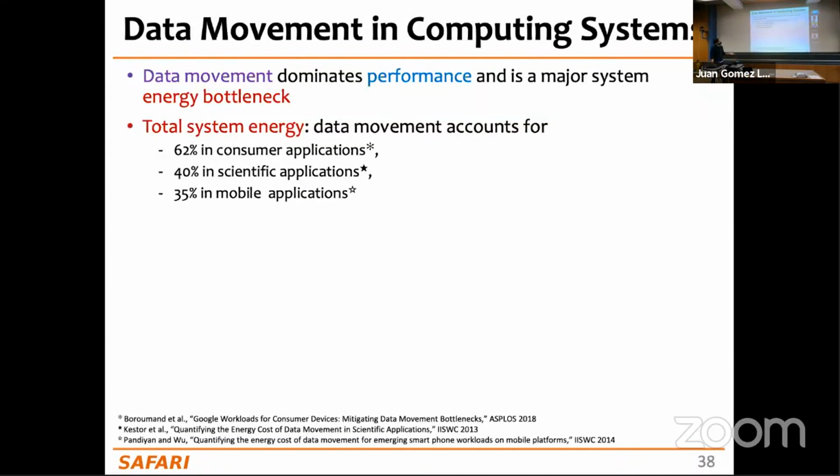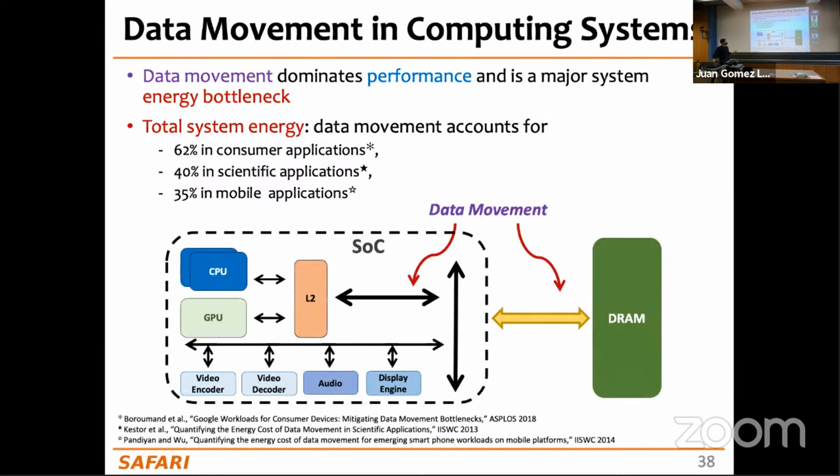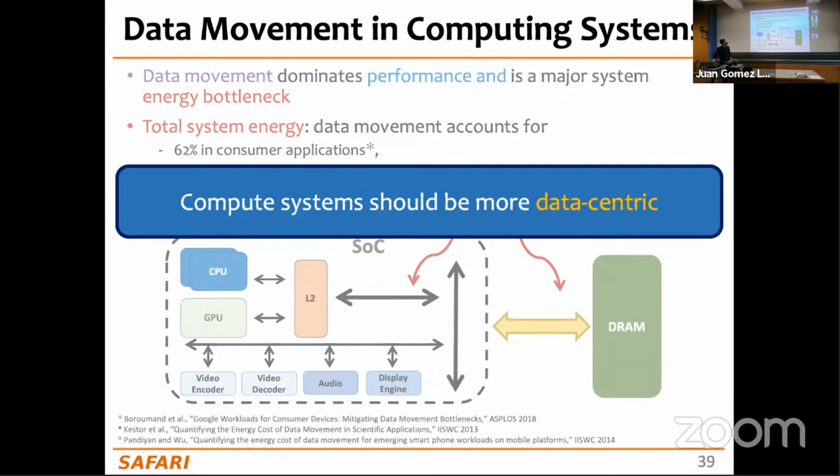This is just a little bit of motivation. I think that this must be clear so far. Probably you're even familiar with the picture. We have a lot of data movement in current computing systems. This is an example of a system on a chip, and there you have certain numbers, percentages of the total energy spent on data movement for different types of applications like consumer, scientific, or mobile applications.